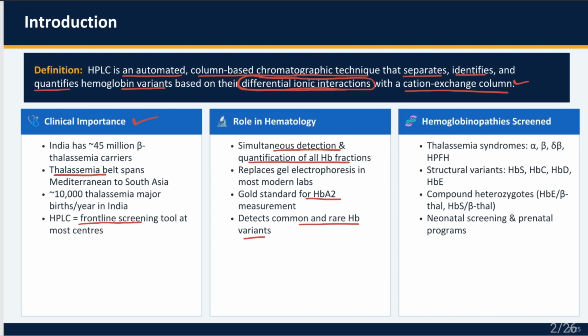Different types of hemoglobinopathies, mainly the thalassemia, and different structural variants of hemoglobin, that is HbS, HbC, HbD and HbE, can also be detected. Compound heterozygotes can also be identified by HPLC, and it plays a significant role in neonatal screening and prenatal programs.